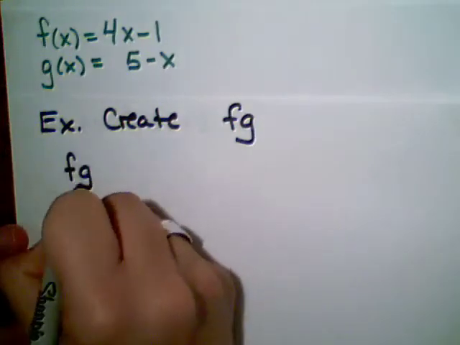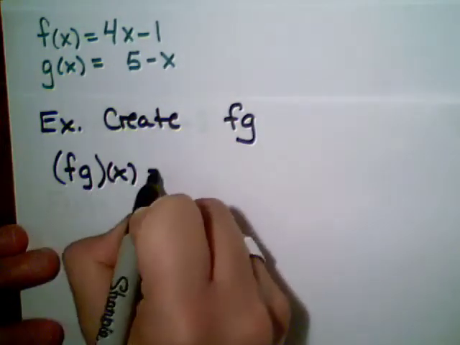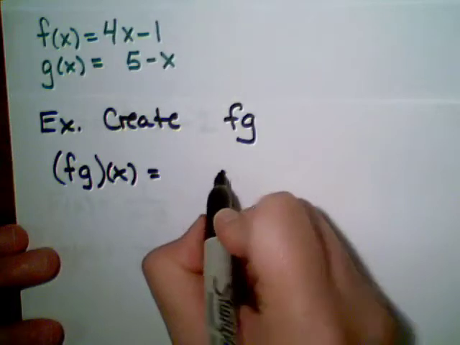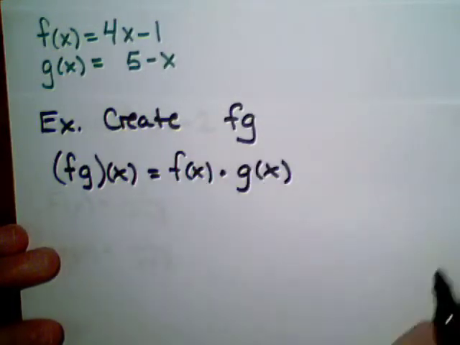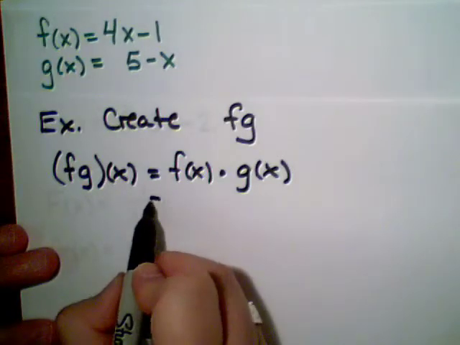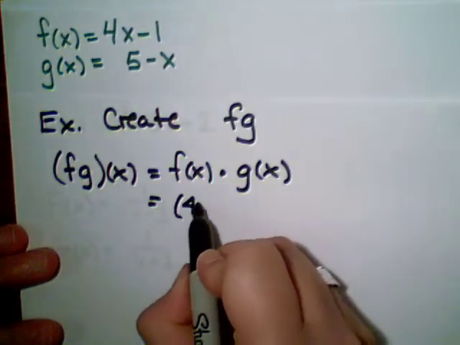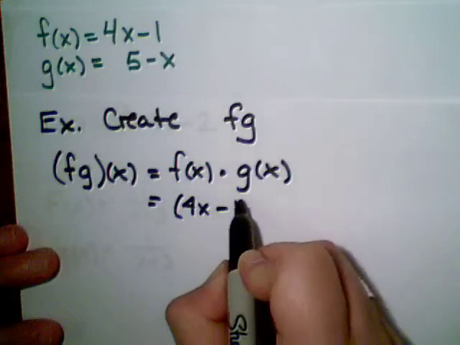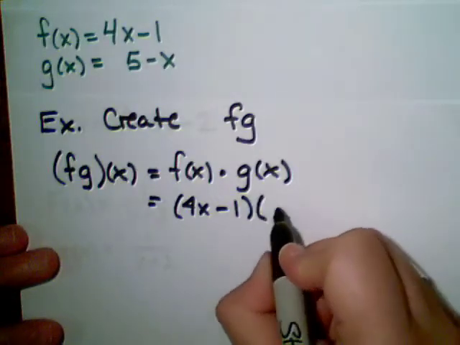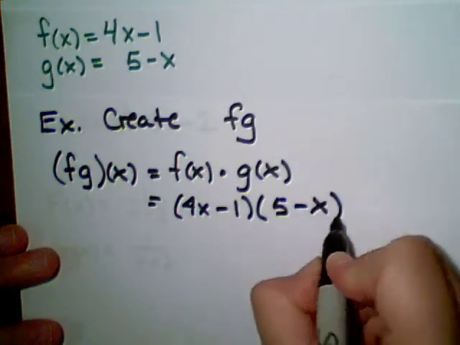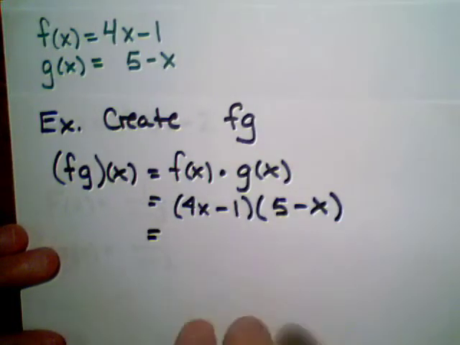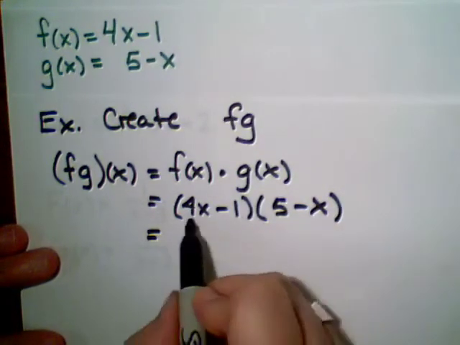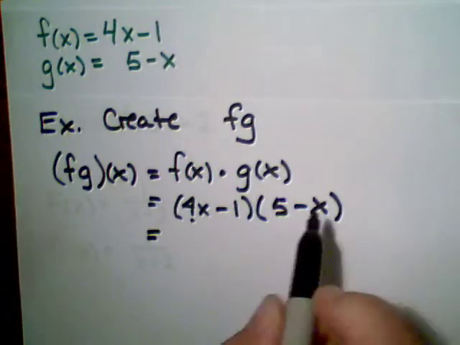The outputs of the product function will be the product of the outputs of the originals, f of x times g of x. And so we'll have the function f multiplied times the function g. We'll write those functions in there. And now we're trying to multiply a binomial times a binomial.